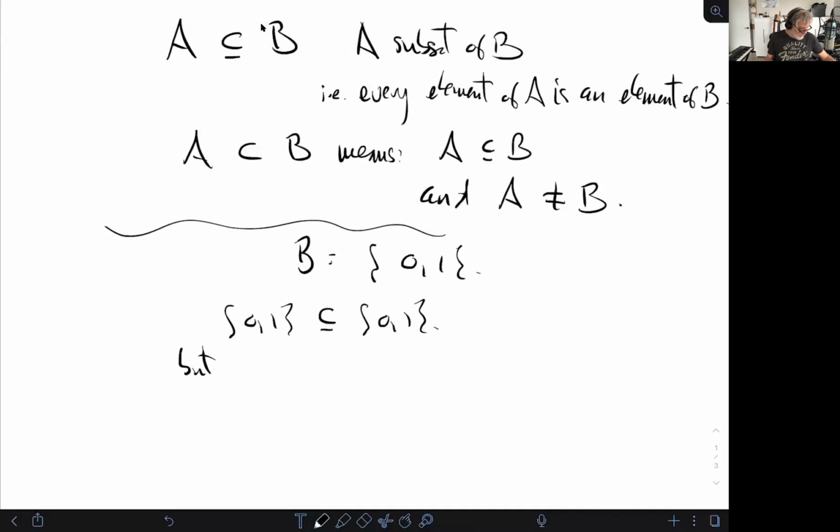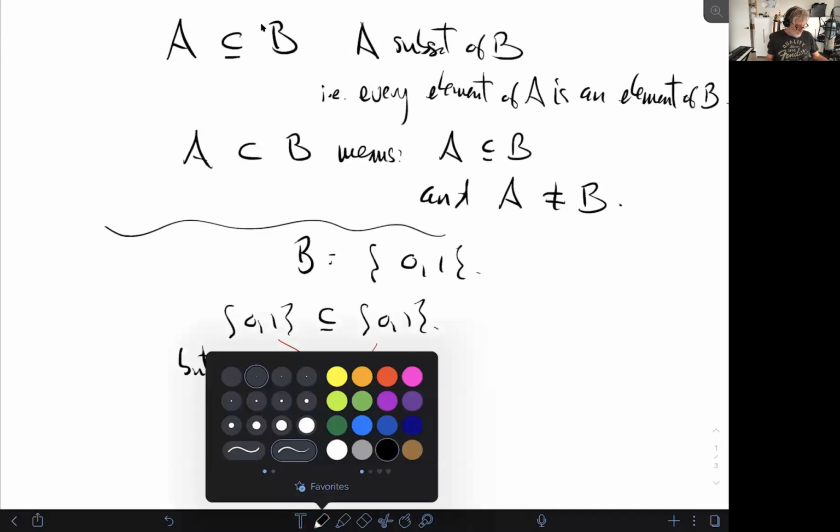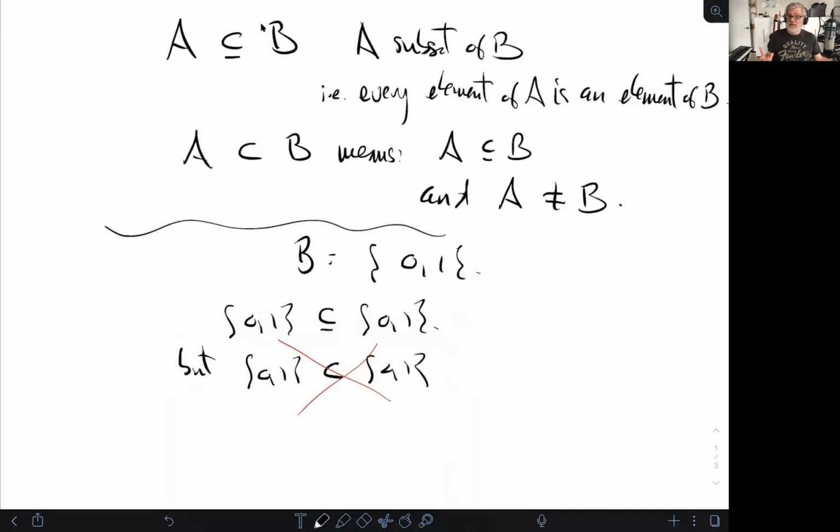So {0, 1} as a proper subset of {0, 1} is not good, because they're equal. However, let's change that. {0} is a proper subset. I mean, the set consisting only of 0 is a proper subset.